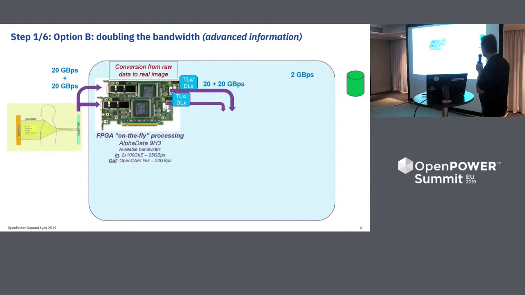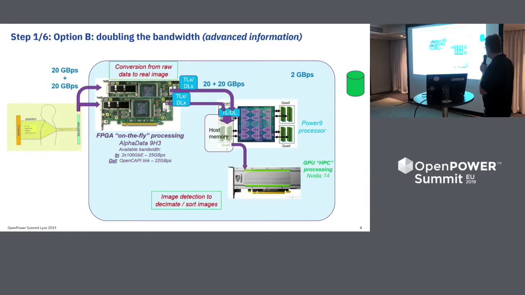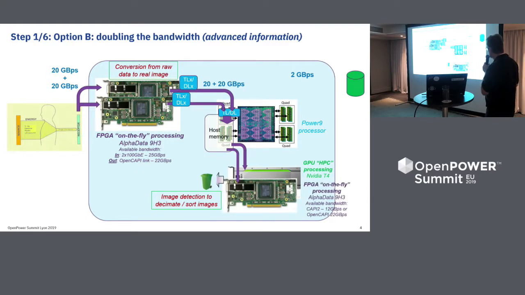In this case, we can hope to load the machine. This is really advanced information because it's not plugged in and the machine is not working today with these cards, but we could double the bandwidth that we could input here, and this could provide very good T4 GPU processing on the machine itself while still getting access to this compressor.